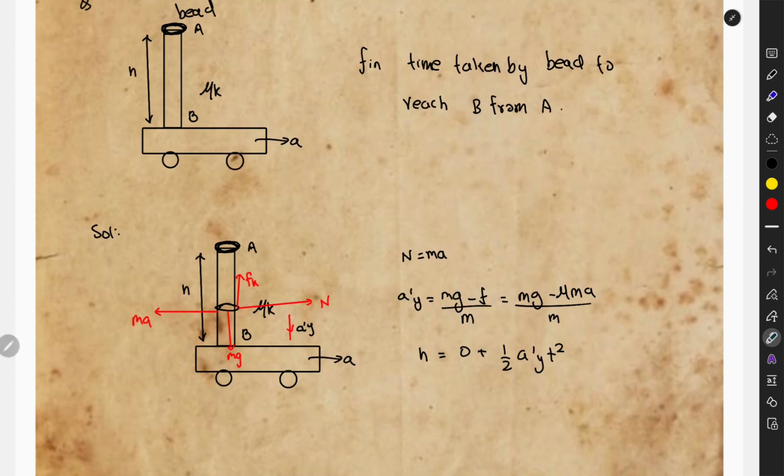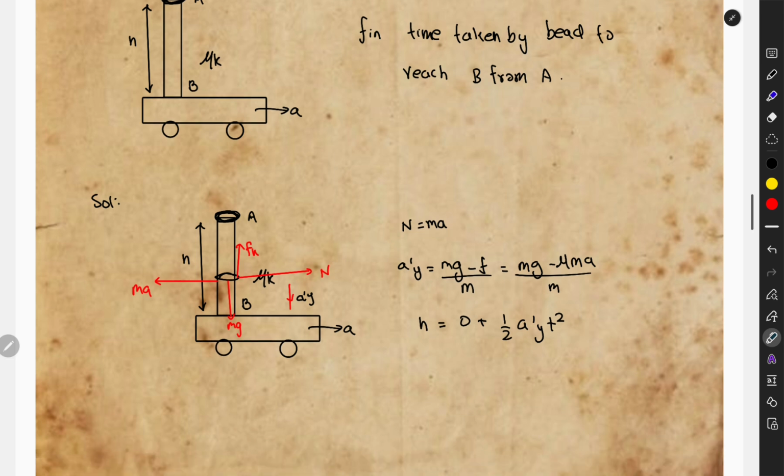If we make an observer sit here, you will find ma is acting on this side, and so basically here kinetic friction will be acting because it is in motion, and downwards mg will be acting. So normal force will be acting on this side, so I can tell that normal force is equal to ma, because this side it is in equilibrium.